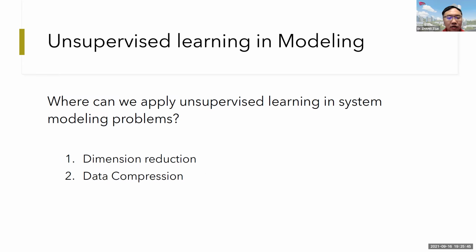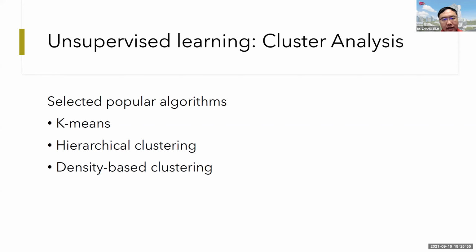So we talked about dimension reduction and data compression. We talked about these two stories that we're going to use in unsupervised learning. Then next, we go to the technical details of some of the unsupervised learning algorithms in the data science field.